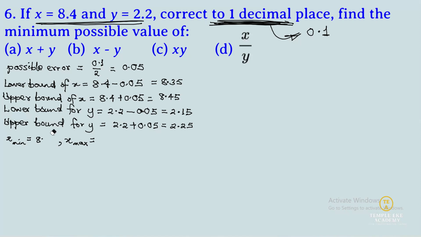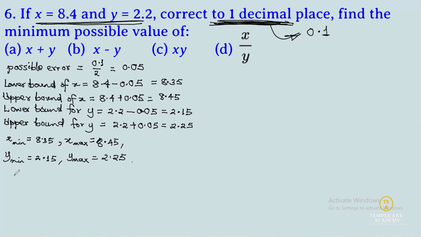I have to take that back. 8.35, lower bound for x. Beautiful, 8.35. X maximum is 8.45. And now, y minimum, lower bound for y, 2.15. Y maximum, the upper bound for y, is 2.25. And now we're set for the calculations that follow.